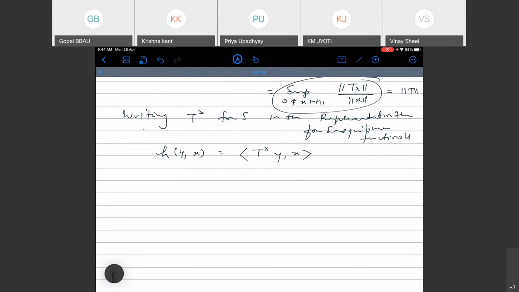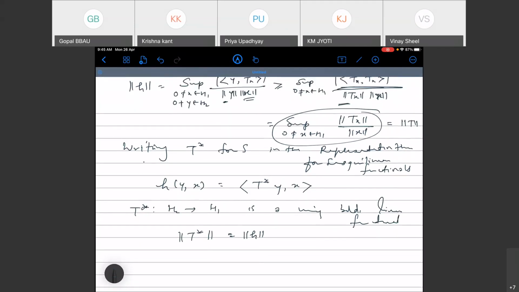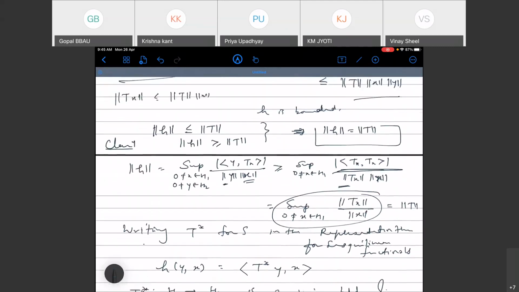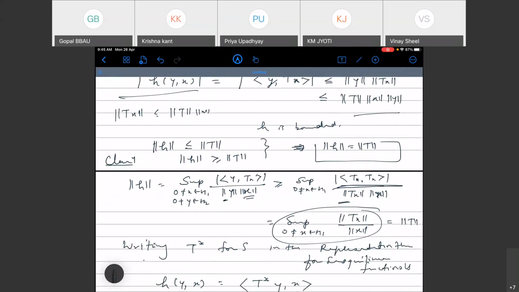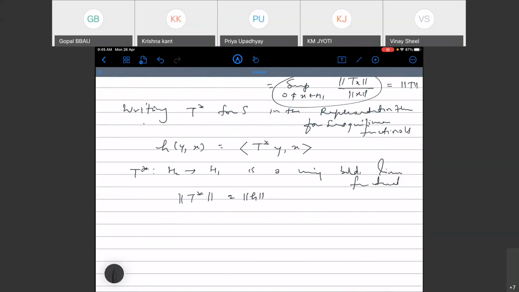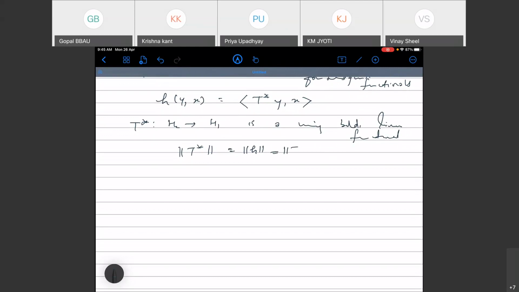And from that theorem, what you know is T star from H2 to H1 is a unique bounded linear operator, and the norm of T star is the same as the norm of h. This is what you know from that theorem, but you have just proven here norm h equal to norm T, correct?